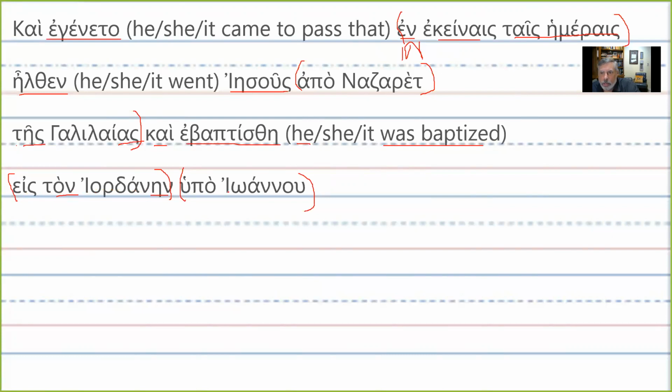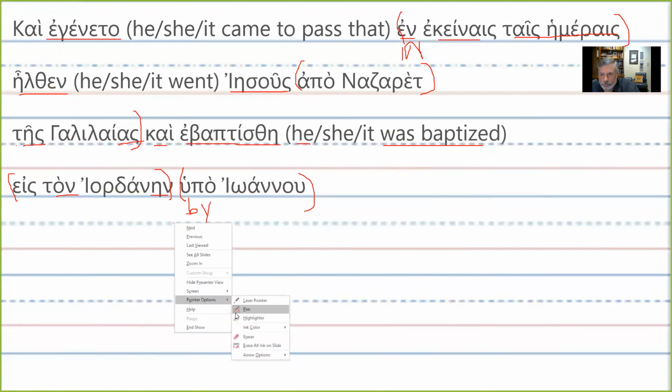And then we have hupo Ioannou. Well, hupo is governing the genitive, and this is going to be "by John." If I were to write the whole thing out: and it came to pass in those days, Jesus from Nazareth of Galilee went and was baptized in the Jordan by John. Hopefully you get that.